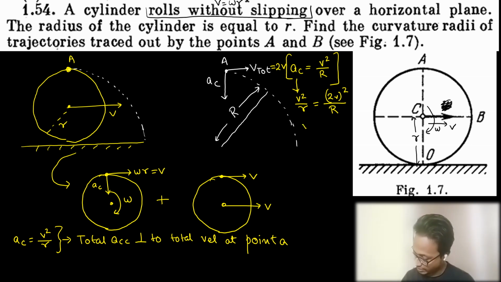So v square by r is equal to 4v square by capital R. v square and v square get cancelled, so the radius of curvature is equal to 4 times the radius of the cylinder. This is the first part of the question.